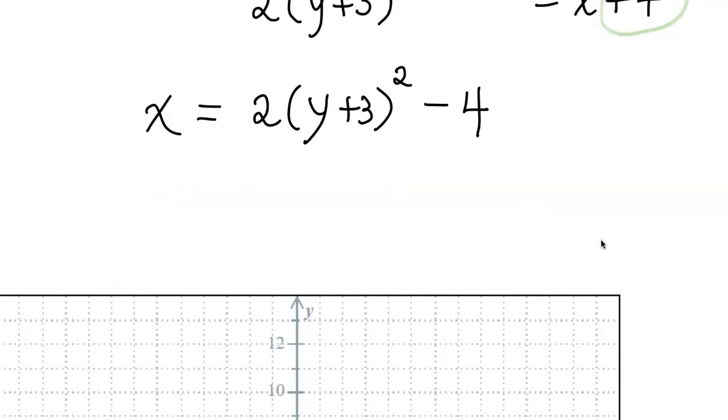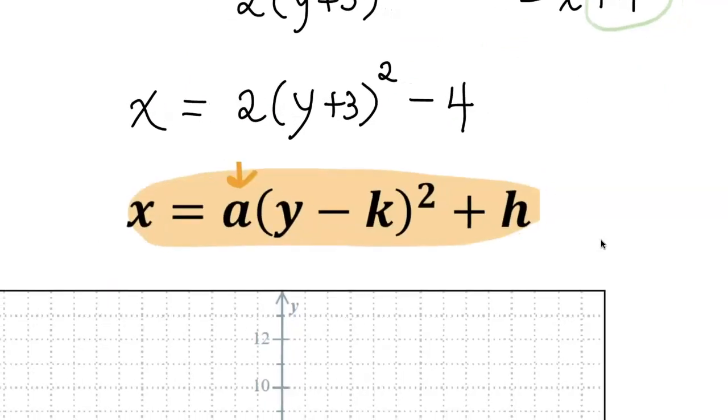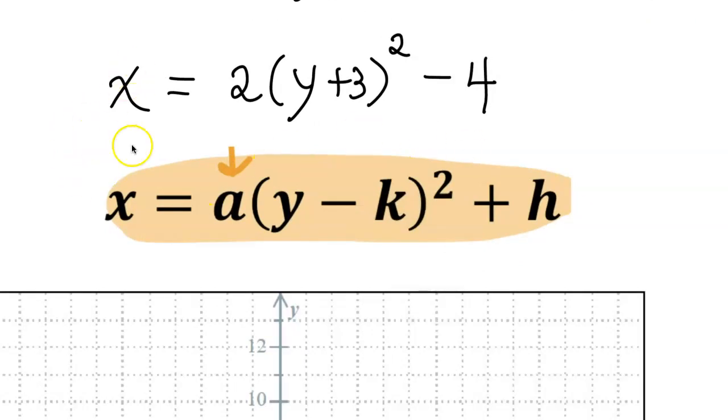Now, does it look the same? It really does, right? So look, we got x on the left-hand side. A is 2. That's positive. So we will be opening to the right-hand side. Y minus k is what we wanted, and we have y plus 3 inside. And outside we have minus 4 for h. So we got it in the right form.